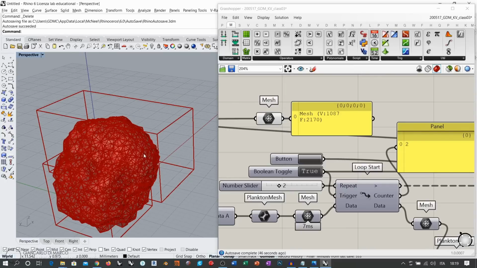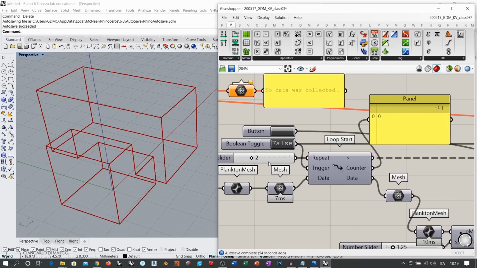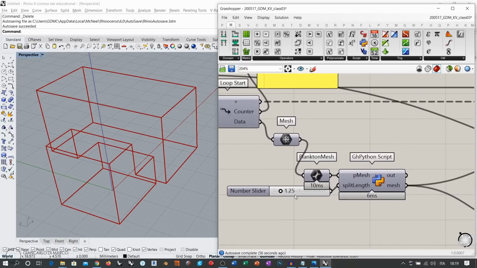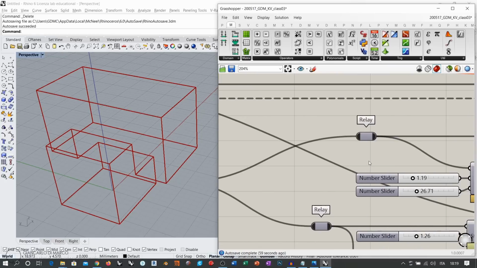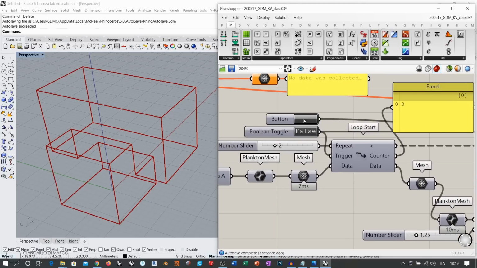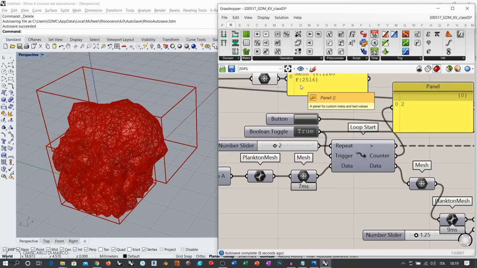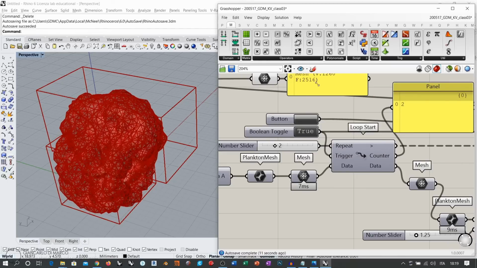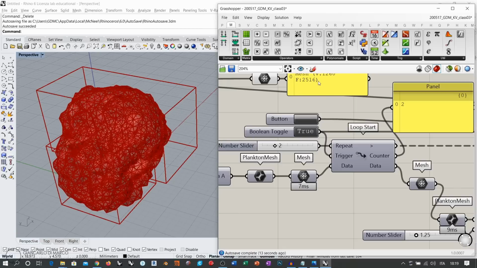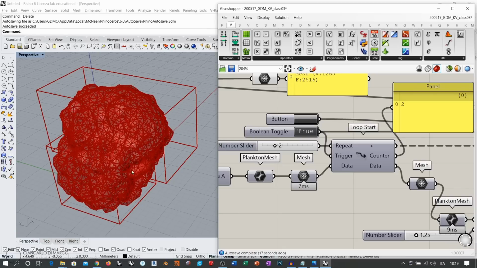And also, if I see that I have this kind of behavior, I could reset everything, maintain this as the number of repetitions, maintain eventually 1.25, and start increasing this a little and see what happens. 2516 instead of 2170, so we already have more faces.